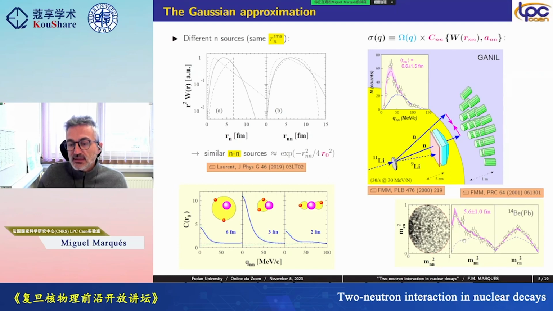This is the baseline. And then when you multiply the phase space by the correlation function for this relative distance, 5.6 fermis, you get the pink line. So you see that in relative momentum and relative energy, using event mixing or using phase space, the description of the data was very good using this approximation.